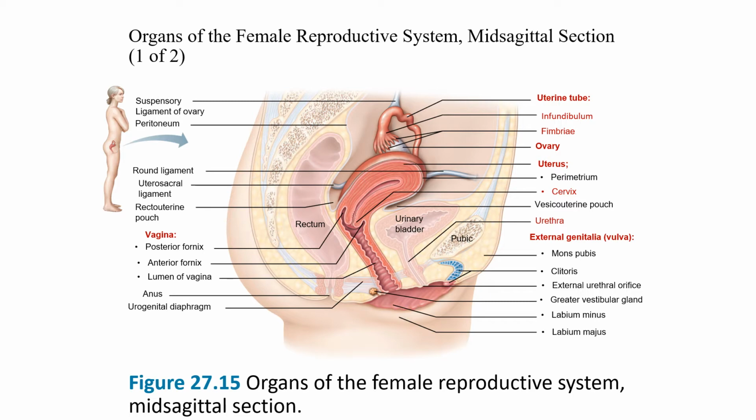The clitoris, okay, which is erectile tissue. The external urethral orifice, you see that, and then we see the greater vestibular gland or vestibular gland, the labium minus or minora, and the labium majus, also known as the labium majora. Kind of really depends on where you were taught.